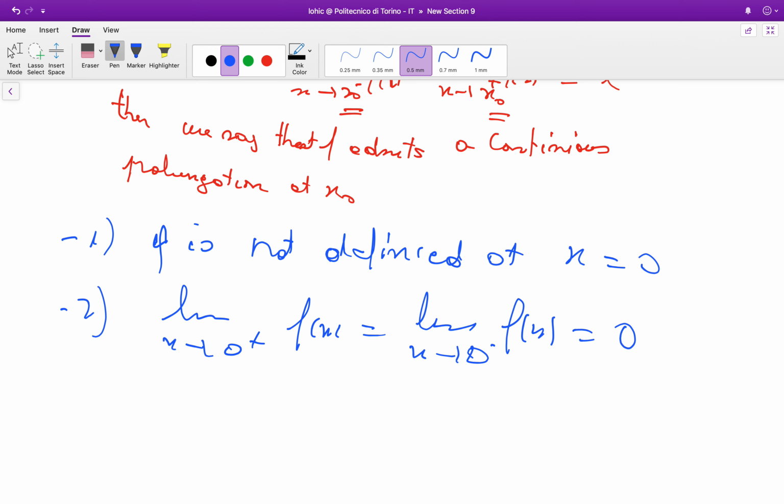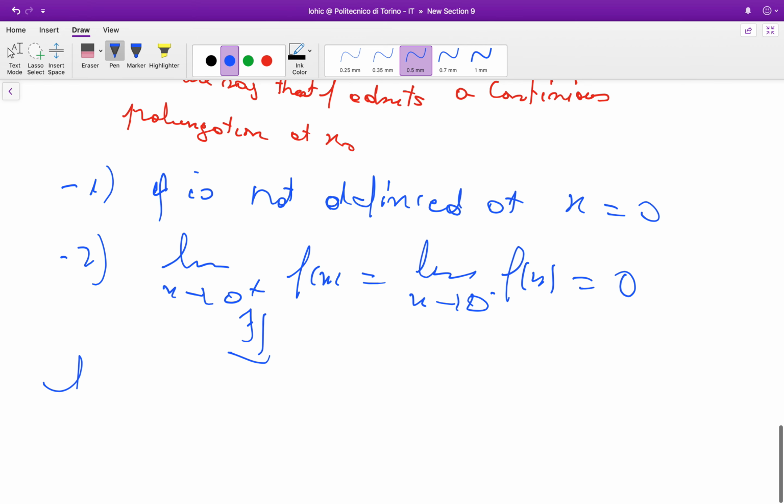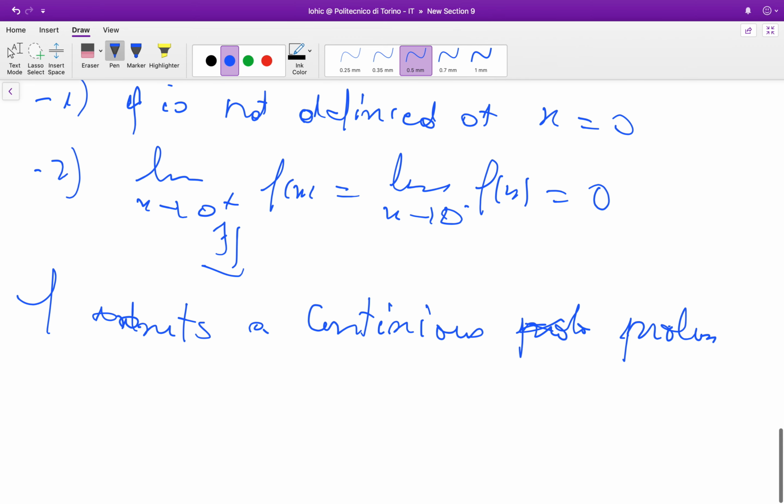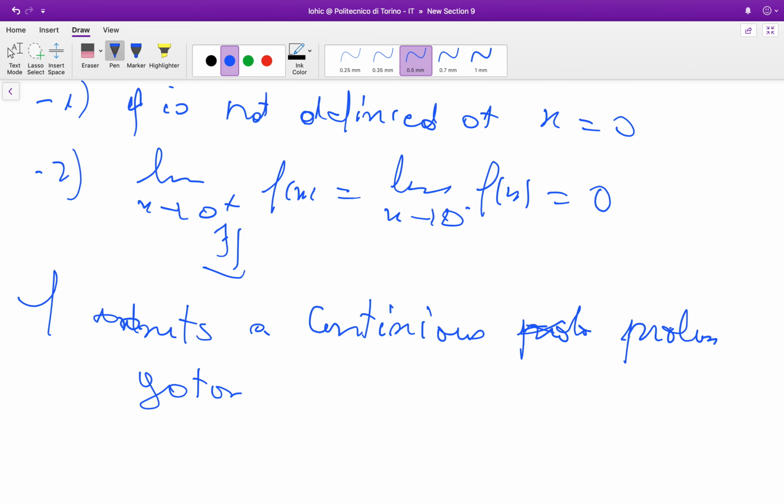So the first one is that the function is not defined at the point, and the second one is that the limit from the left and the limit from the right are the same. This means that f admits a continued prolongation at x equals 0.